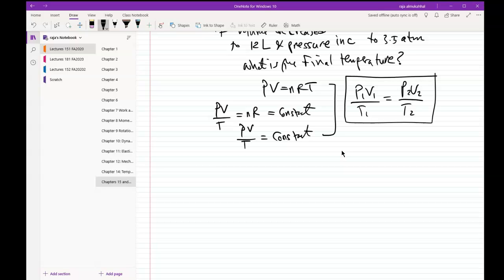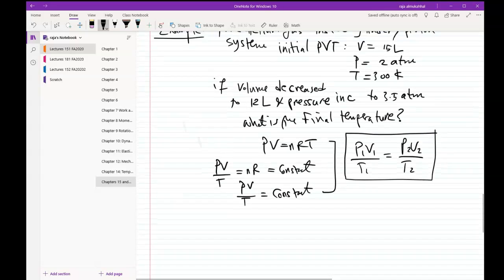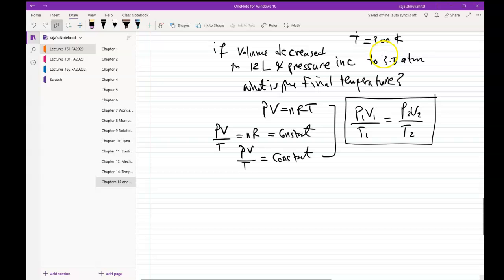So basically, this is the first condition. When I prepare the system to be in a certain PVT, then I've done something else to it, and then he's asking me what is the temperature. Well, I can just use this formula. You understand? So let's look at it. By the way, you don't need to convert units if you don't want to, because they'll cancel out anyway. Even if you convert them, you'll end up getting the same answer.